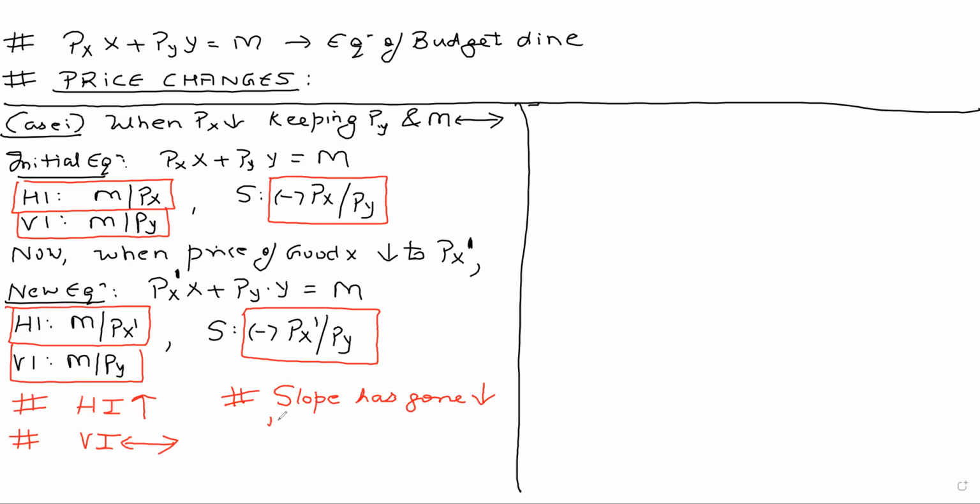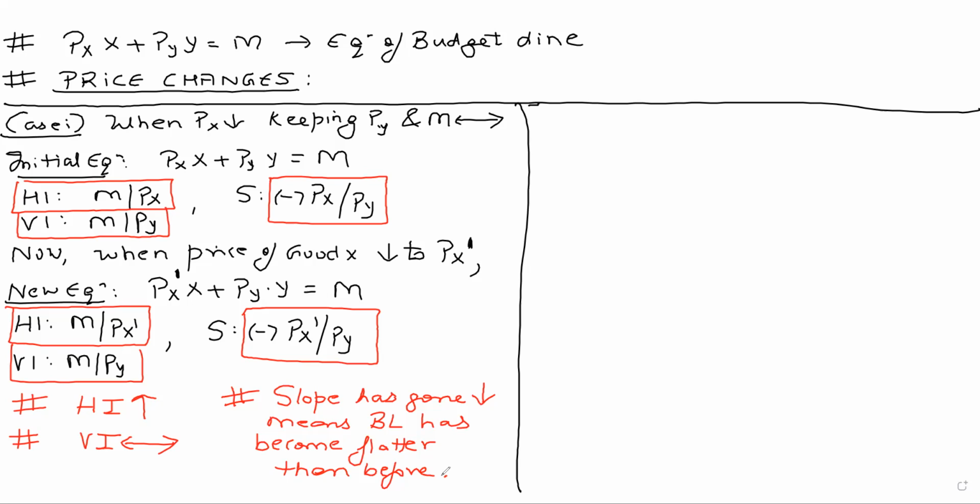Slope has gone down means budget line has become flatter than before. Remember, guys, when slope goes down, the line becomes flatter. When slope goes up, the line becomes steeper. This is the fundamental concept of slope which we learn in high school mathematics.